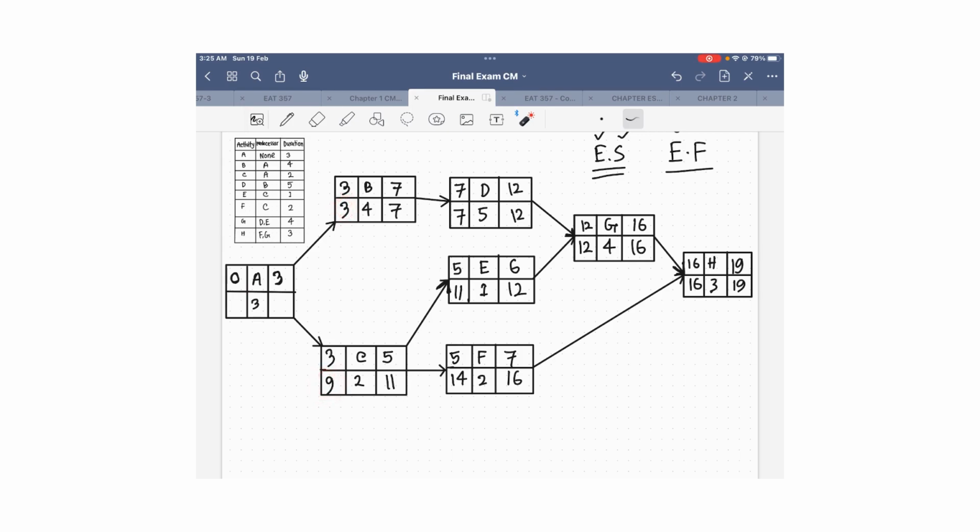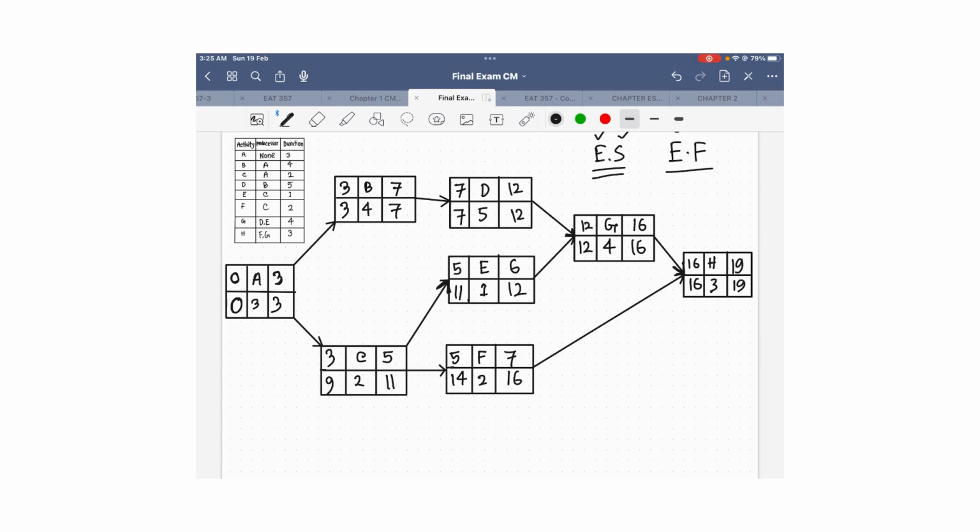When we do the backward pass, I will take the smallest number. The smallest number is 3, and 3 minus 3, I get 0. Now I have finished the solution, showing how we can solve the forward and backward pass.